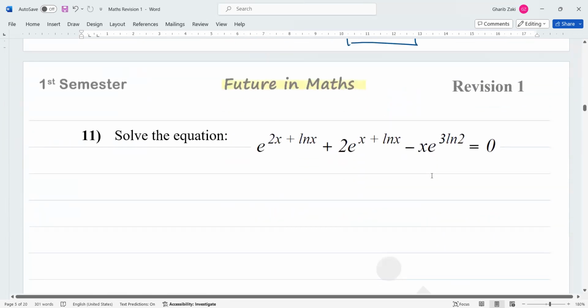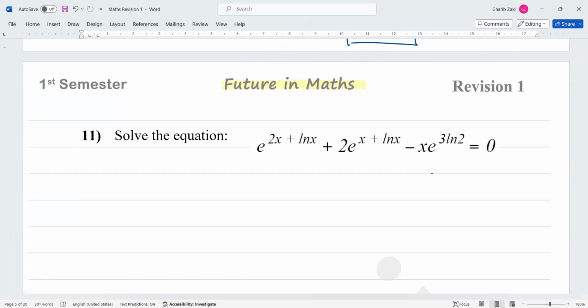Solve. Try to solve that one. I think it's a little hard, but try. What is the first step?